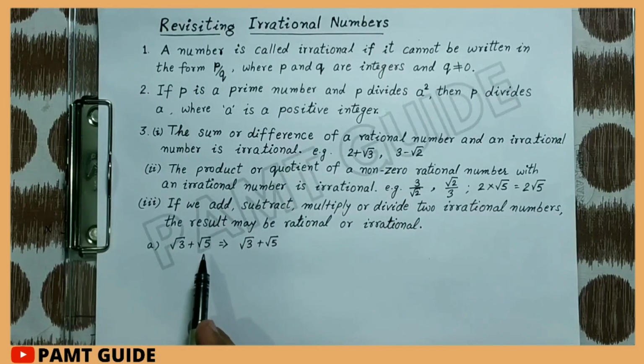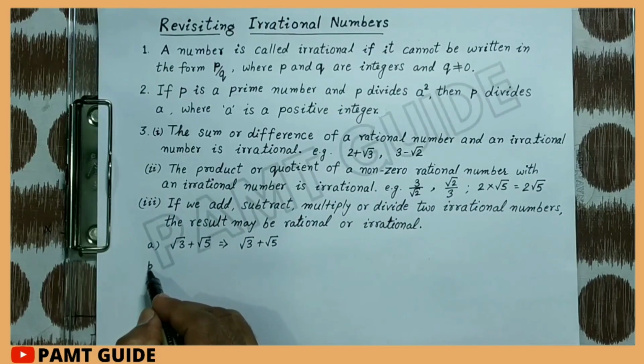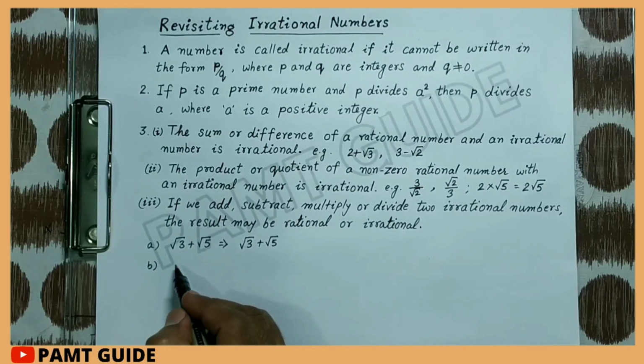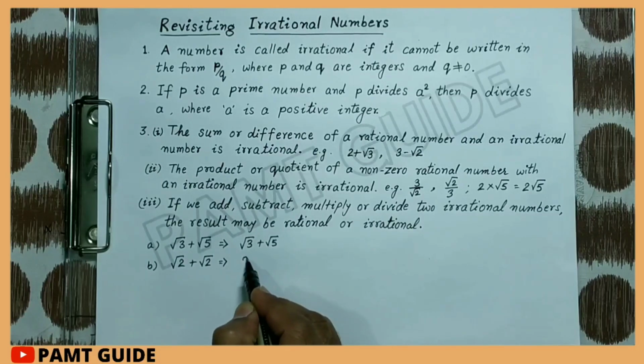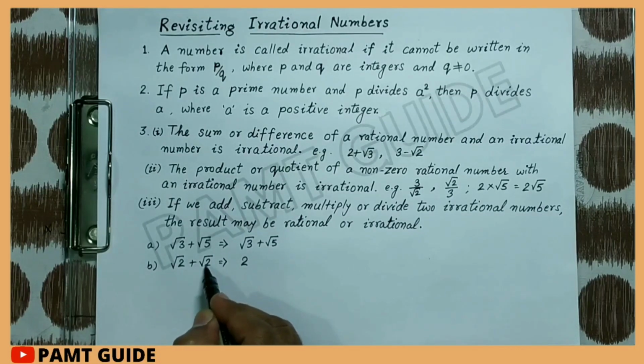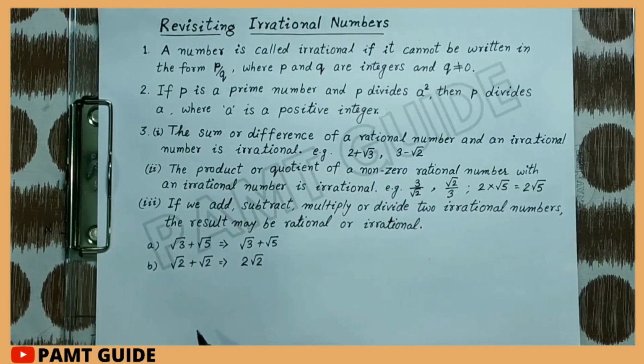Both are irrational numbers, so this sum is irrational. B: root 2 plus root 2 equals 1 root 2 plus 1 root 2, equal to 2 root 2, and that is also irrational.